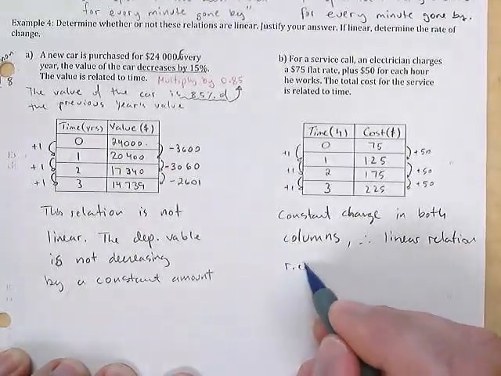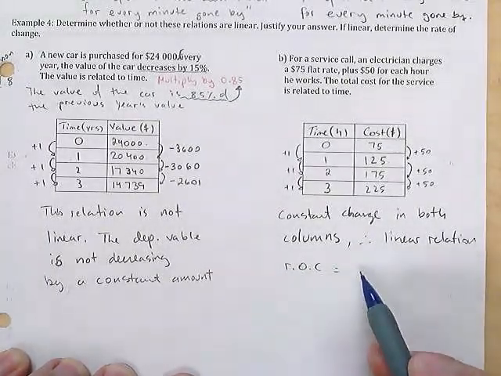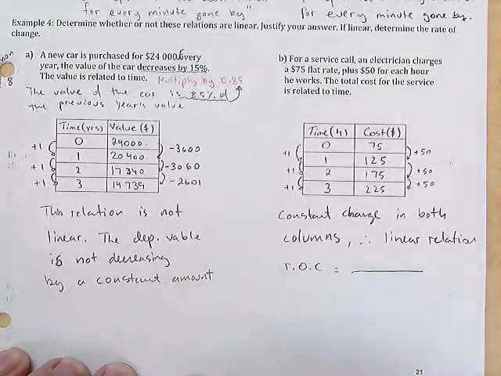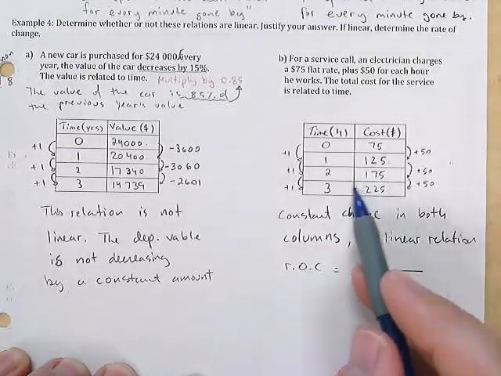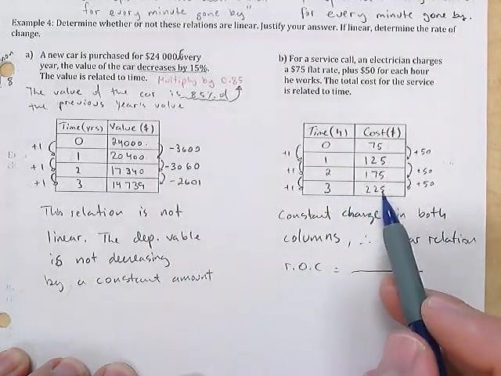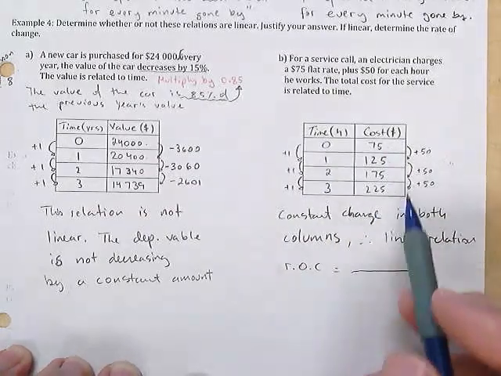The rate of change, let's just try something here, okay? You pick any value here, right? So let's say 3, 225 and 0, 75. Like you pick any one of them.